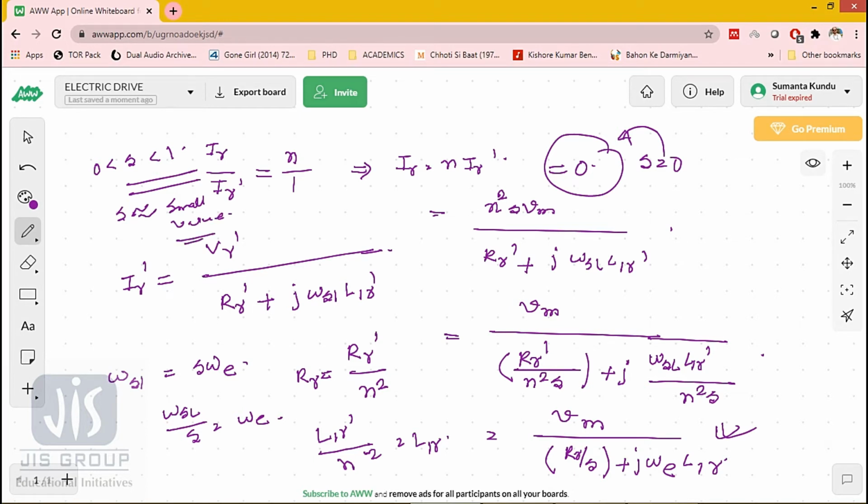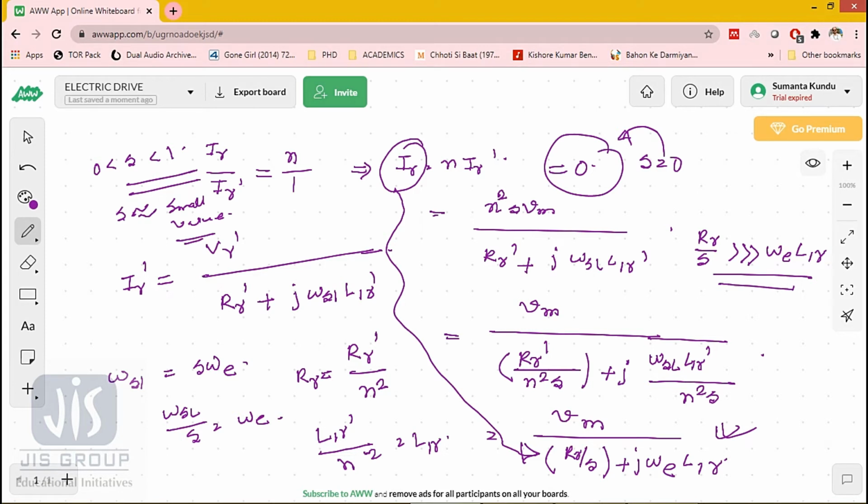The rotor current IR is principally influenced by this parameter, RR by S, because RR by S is much greater than the reactance omega E L1R. We know all this concept.